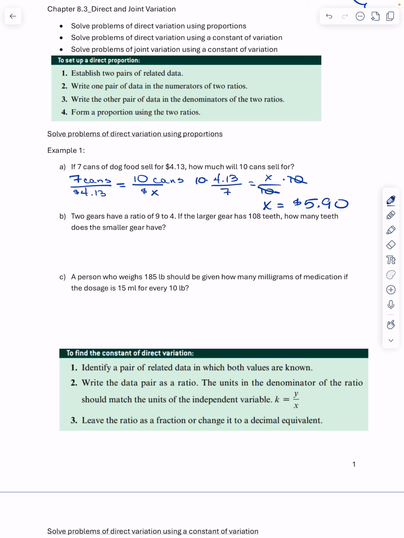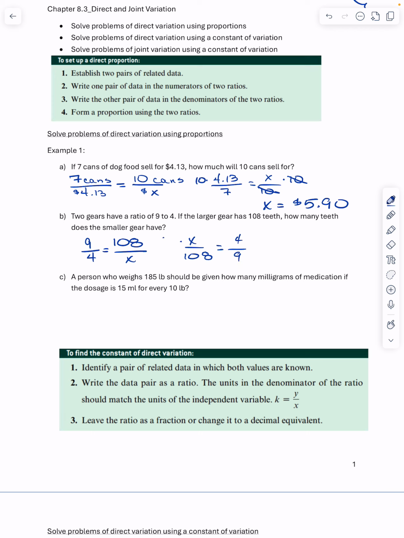Okay. B, I have 2 gears that have a ratio of 9 to 4. Again, 9 to 4. The larger gear has 108 teeth. We're solving for the teeth in the smaller gear. So again, I'm going to flip these over. X over 108 equals 4 over 9.